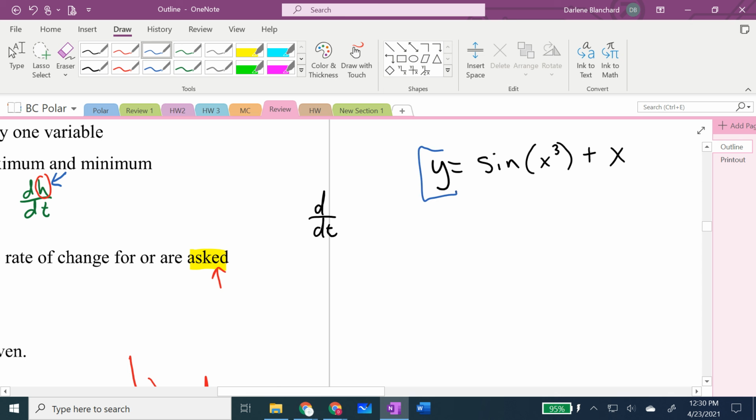So if it's just solely a variable, taking the derivative with respect to time is just that variable's derivative with respect to time. But if the variable is sitting inside of a big function, you want to think about the chain rule. And you want to recognize that because this is not the variable that we are differentiating with respect to, treat that like a baby function that you are chain ruling.